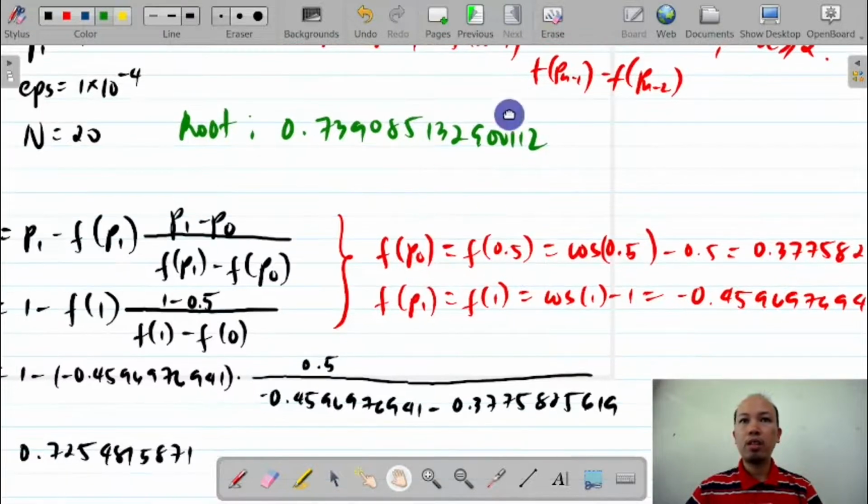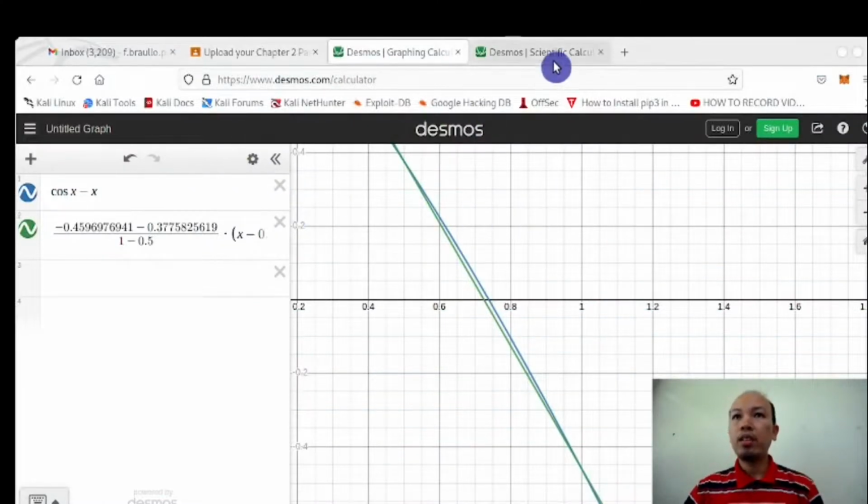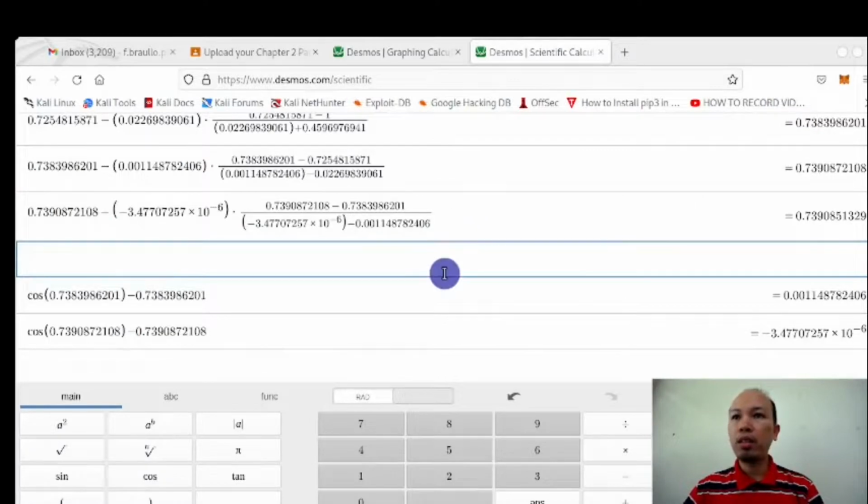The reason for that is based on our calculation in the scientific calculator, we only have up to how many digits? 1, 2, 3, 4, 5, 6, 7, 8, 9, 10, 11 digits.